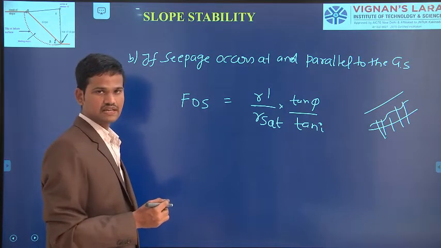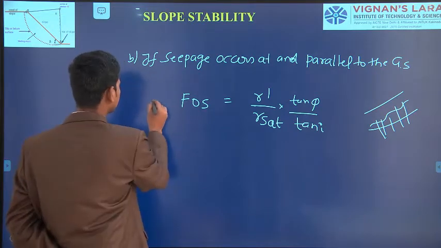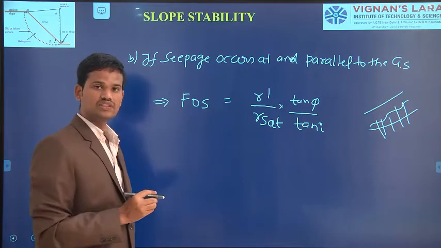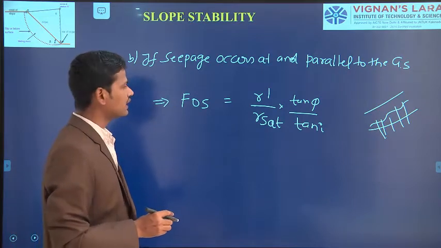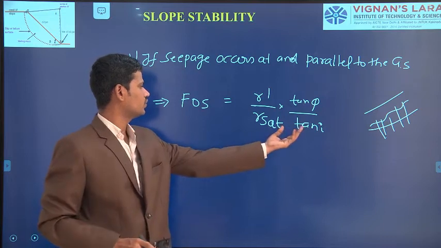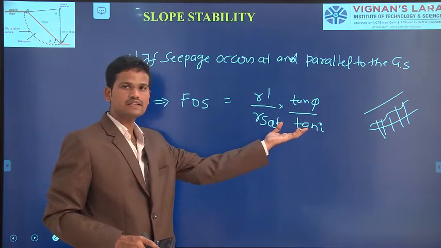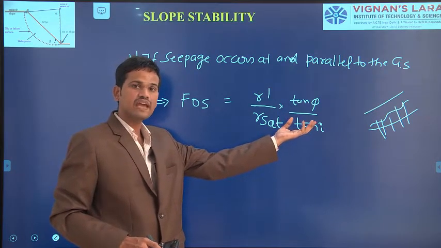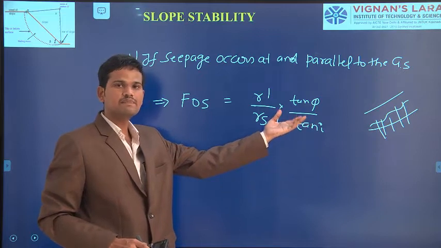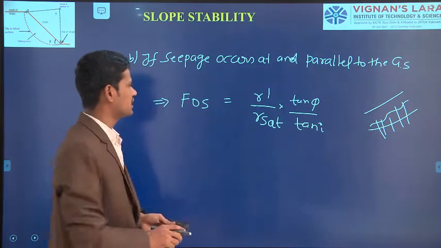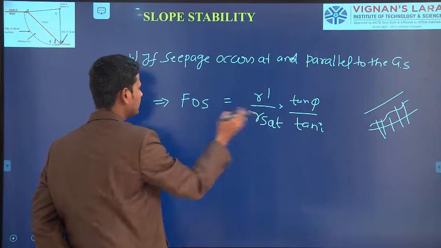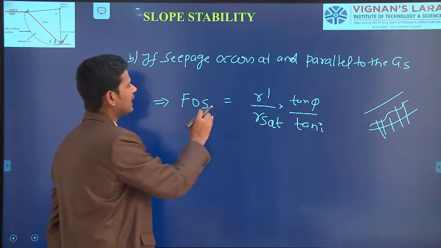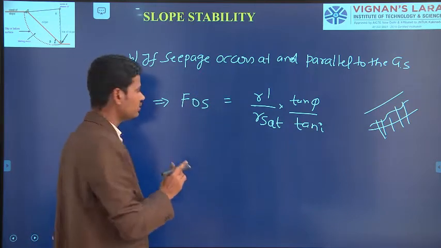We have discussed this in our previous conditions while deriving the factor of safety for different types of soil conditions. And if my interest is to calculate the safe angle of inclination when the seepage occurs at the ground surface, then I bring tan I to this side and take the factor of safety to that side.